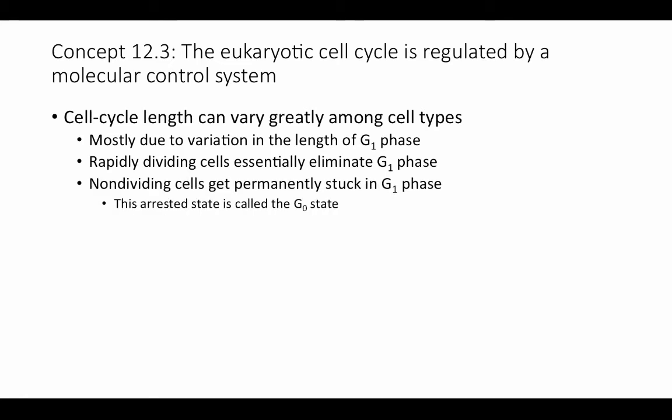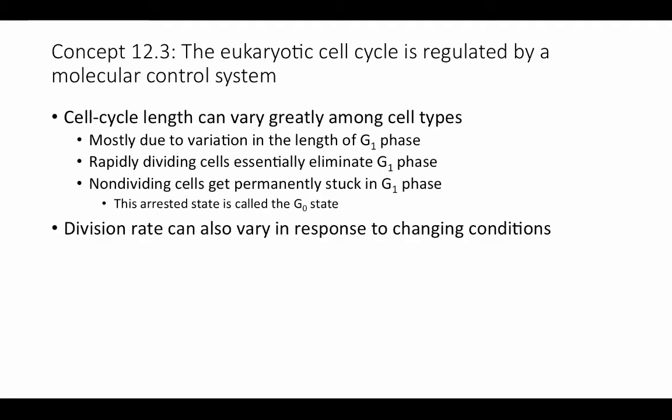In contrast, non-dividing cells get permanently stuck in G1 phase, and we give this a special name for non-dividing cells. This arrested state is called the G0 state. Division rate can also vary in response to changing conditions. When there's a lot of nutrients available, for example, cells might divide very, very rapidly in response to those favorable conditions.